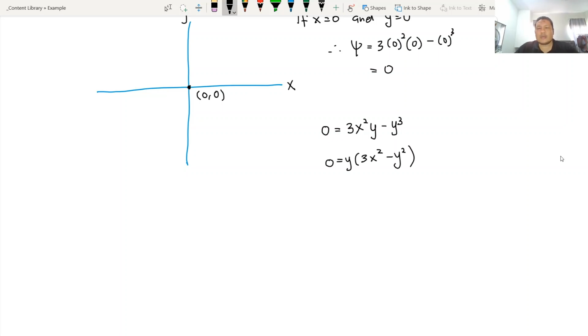In this case, we have two possibilities when the streamline flows through the origin. One is y always equal to 0.